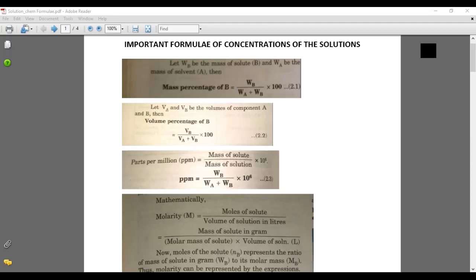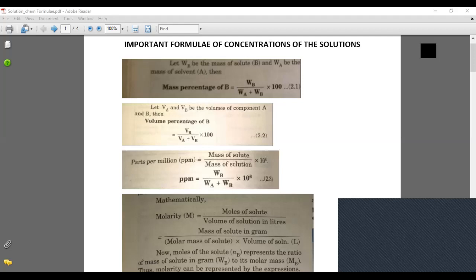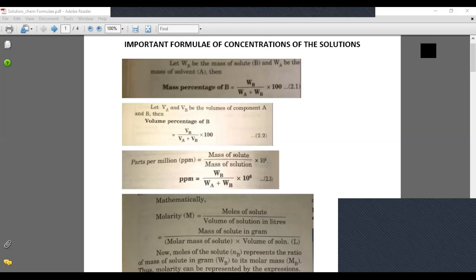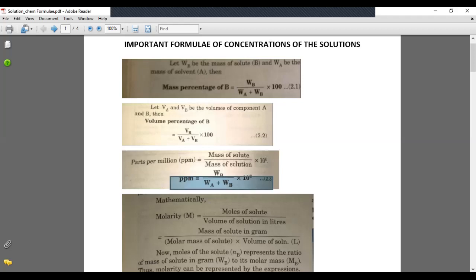The formula is: ppm of solute is equal to mass of solute divided by mass of solution into 10 to the power 6. That is, ppm is equal to WB by WA plus WB into 10 to the power 6. This is frequently used in expressing pollution in air and pollution in water.